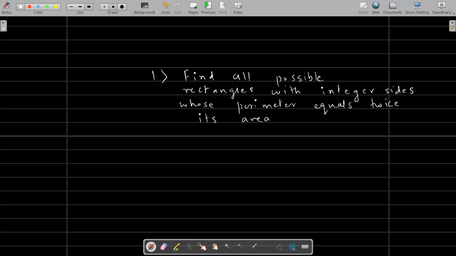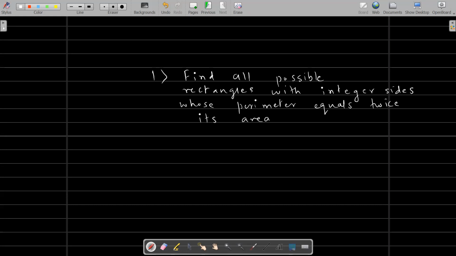Yes, so read neatly once, twice, try to understand the meaning of the problem. Do squares count as rectangles? Yes, yes. A square is always a rectangle where length and breadth are equal.